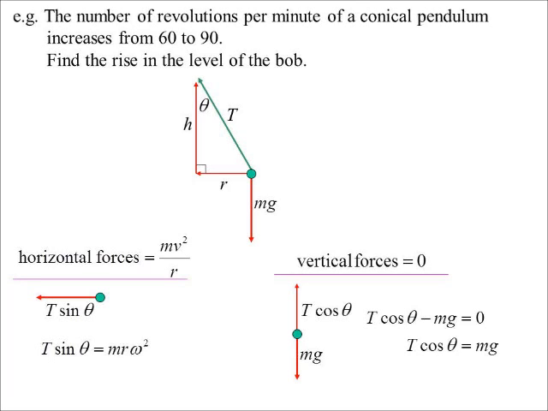It's basically exactly what I just did. And then I'd come up with our formula, just as I did before, by putting T sine theta on T cos theta. I get tan theta is r omega squared on g, but we know, looking at our dimension triangle, tan theta would be r on h when we look at the cone. So there's my formula, h equals g on omega squared.